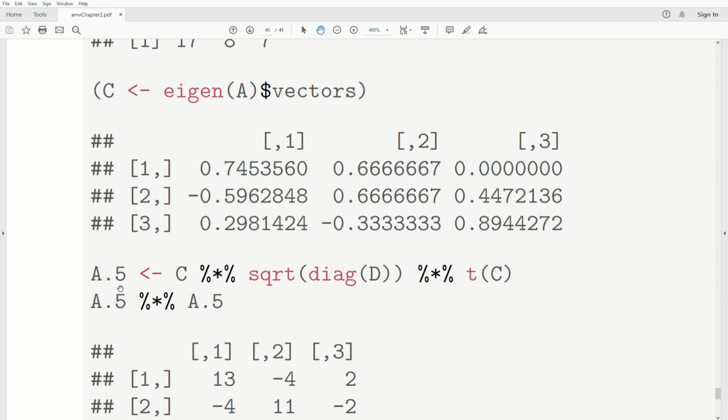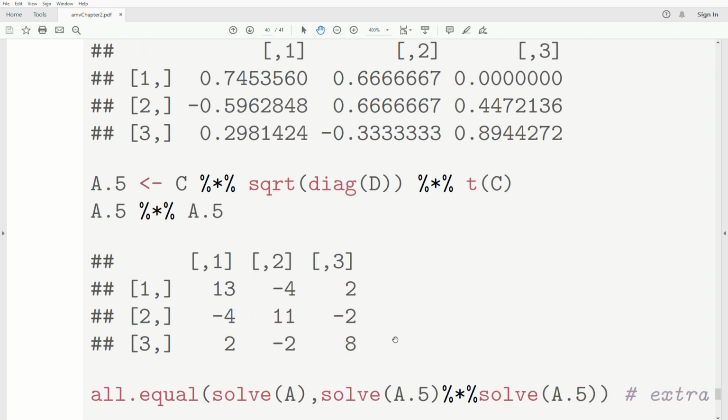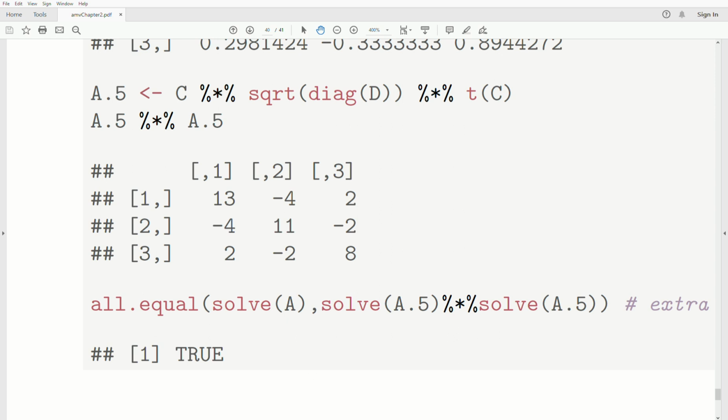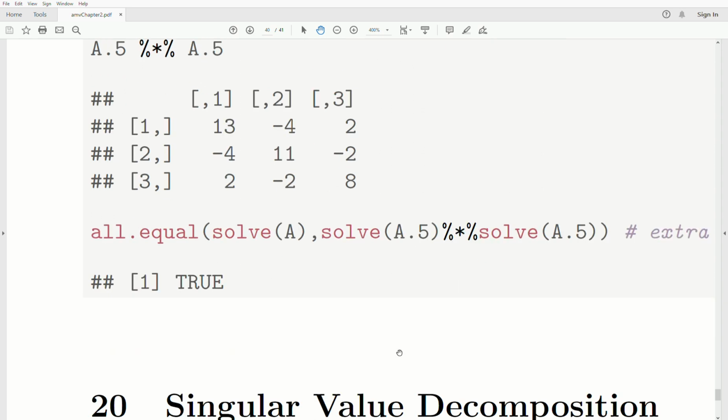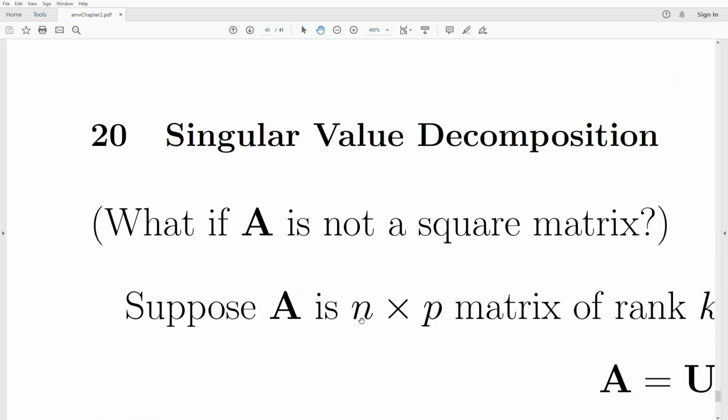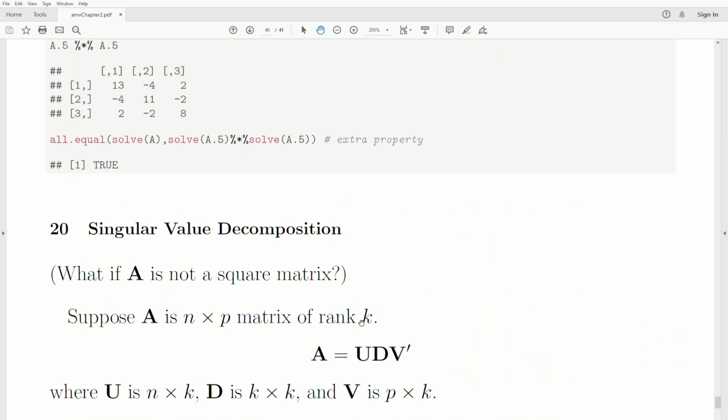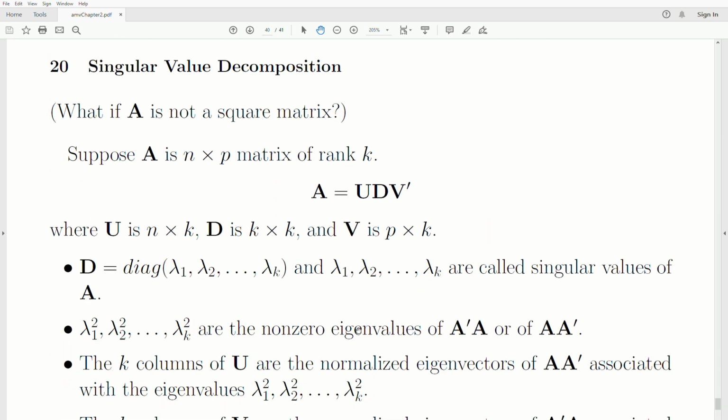Now if we look at A to the 1/2 times A to the 1/2, that's the original A matrix back. And another property that we didn't prove, if we take the inverse of A, that's equal to the product of the inverses of the square root matrix. And that's true. So now the last topic that we will cover is the singular value decomposition.